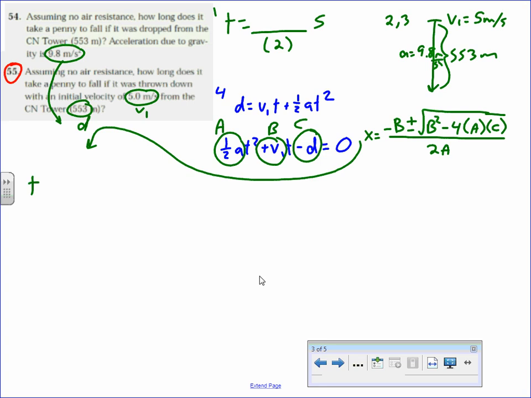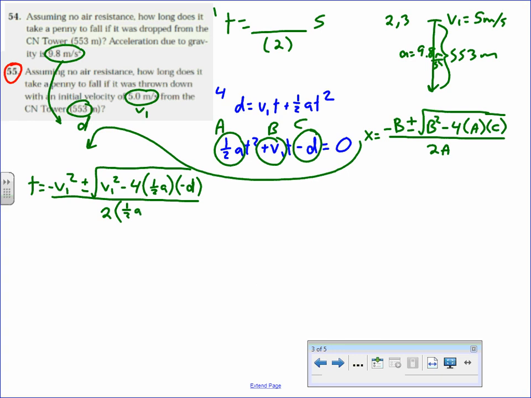So I'm going to say time is equal to negative b, which is v1, so negative v1, plus or minus the square root of v1 squared minus 4 times 1/2 acceleration times negative distance, that's your c, all over 2 times a, which is 1/2 acceleration.